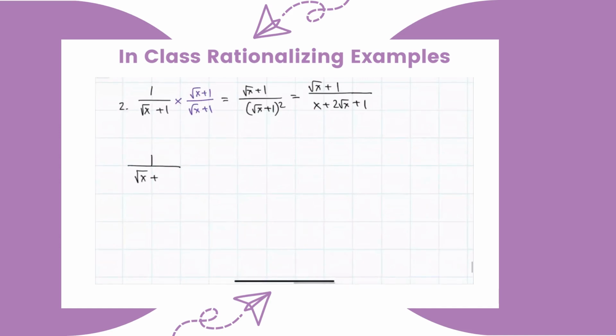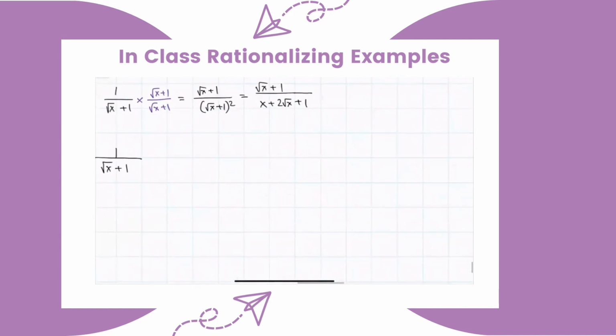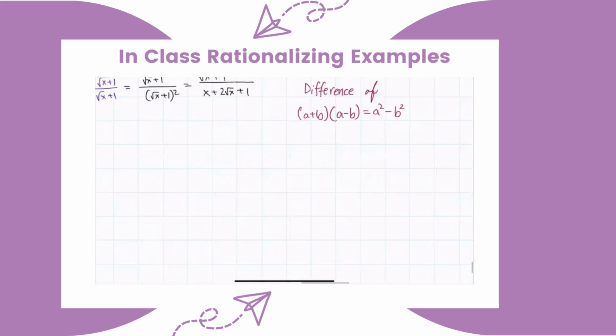Not really. So the difference of squares is a plus b times a minus b, which is equal to a squared minus b squared. So this over here is your difference of squares.